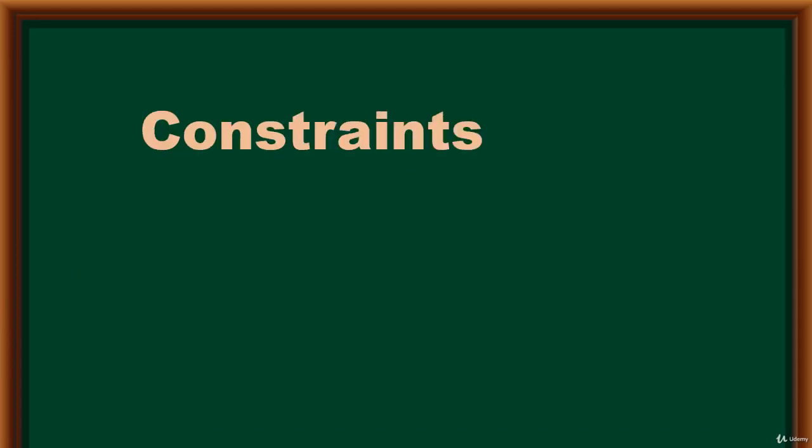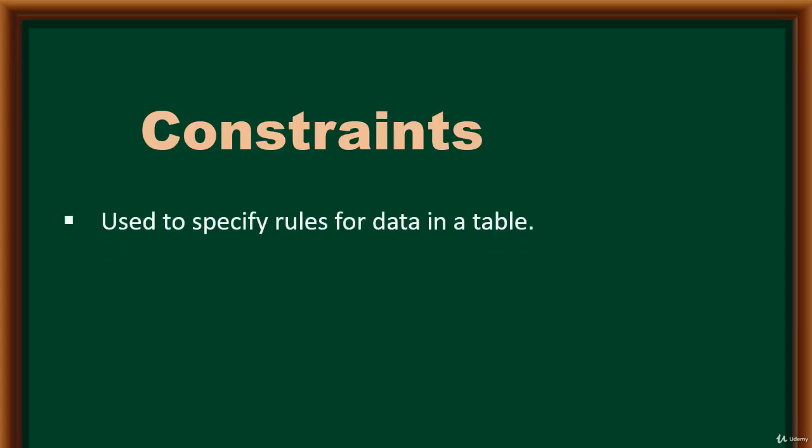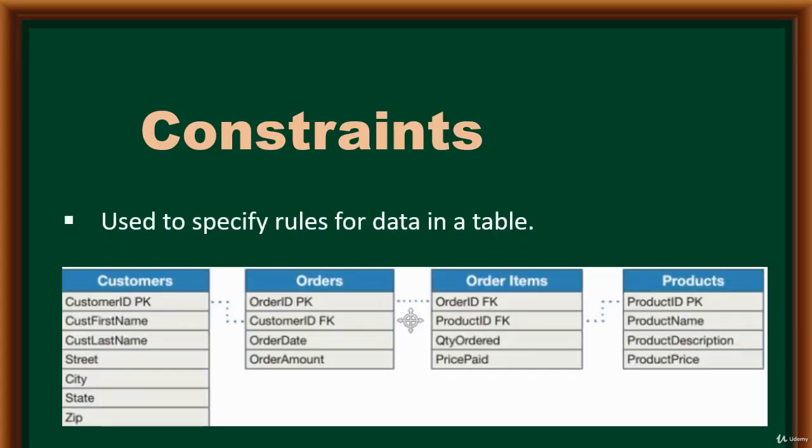The next concept I want to introduce you to is constraints. Constraints basically are used to specify the rules you want your data to follow in a table. And when you are setting up constraints, you can actually implement them at the point of creating the table.